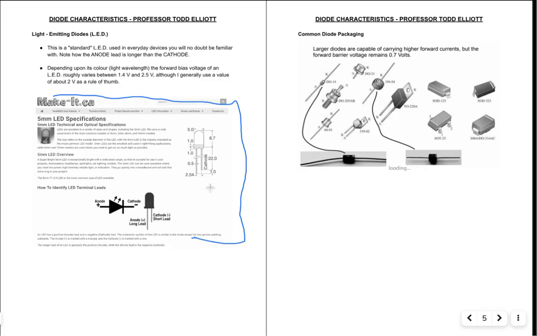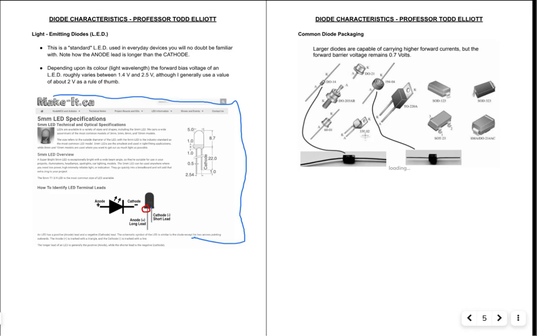Standard LEDs, the long side is the anode. It also has, you can't see it quite here, a flat. Looking at it from the end, there's a flat on this side. So the short end's the cathode, and the long side is the anode.